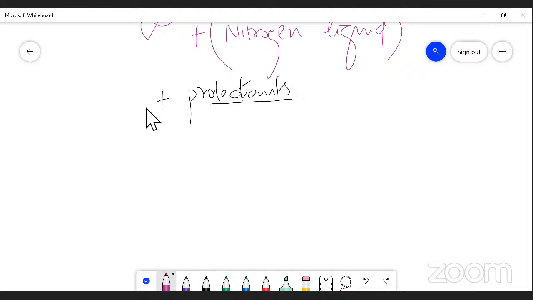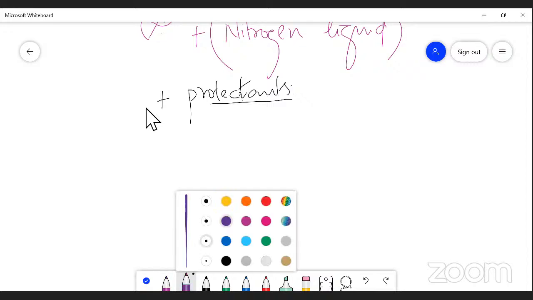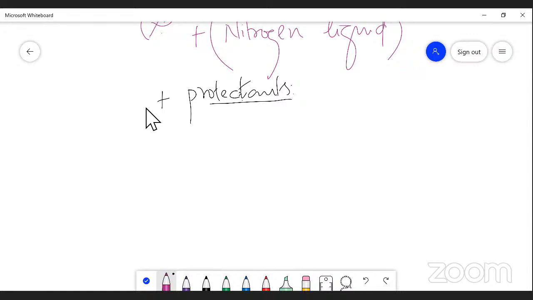The first one is dimethyl sulfoxide. One more, glycerol.